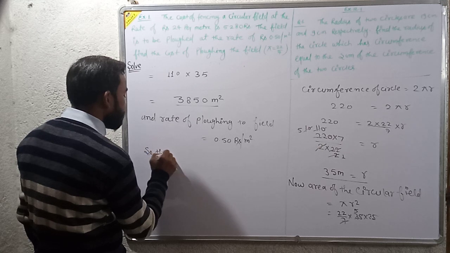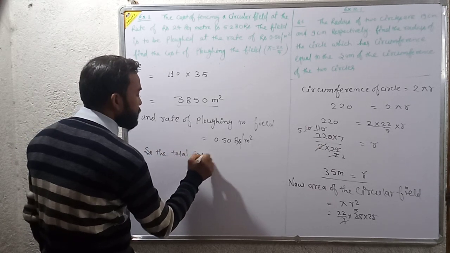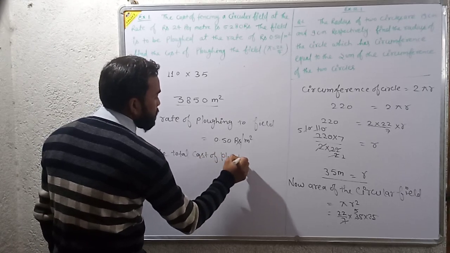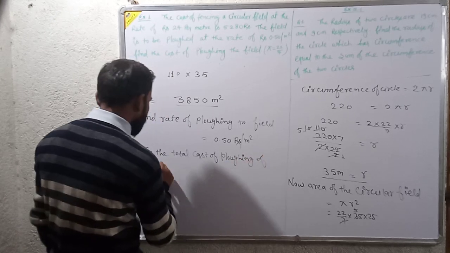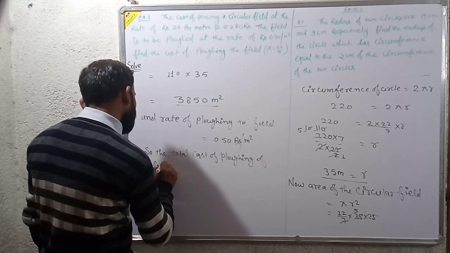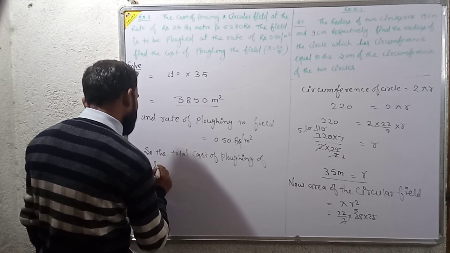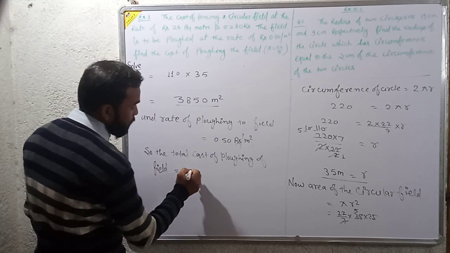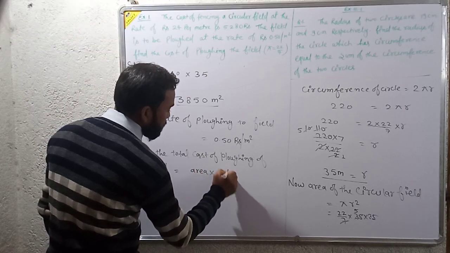So the total cost of ploughing the field is equal to area multiplied by rate.